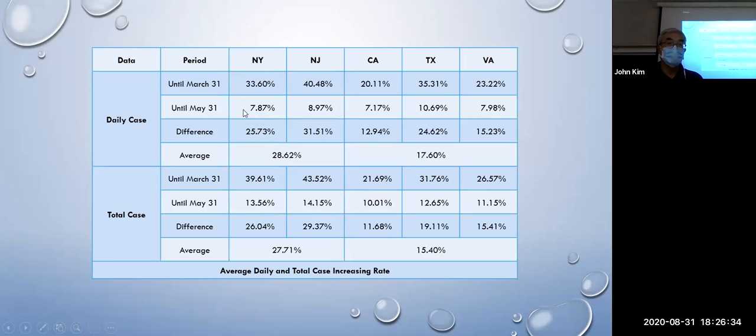But from the beginning until May, 7.87, the difference is 25%. And New Jersey, 31%, California only 12, Texas 24, and Virginia 15.